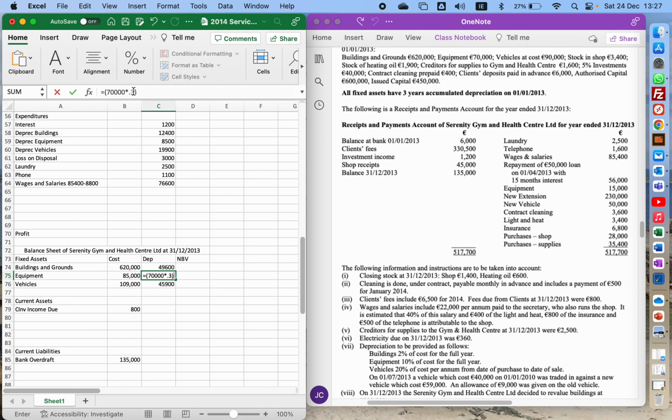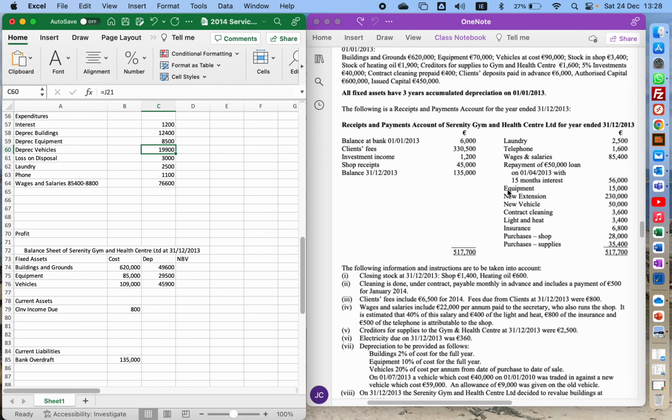So that's 3 years for the equipment that I had before this year, plus the 85,000 times 0.1. Just double check that, yeah, because that's the value. So that's this year's depreciation and that's the previous year's depreciation all added up. So that means that my depreciation of equipment here is going to be, yep, that's 85,000 times 0.1, so that's correct.